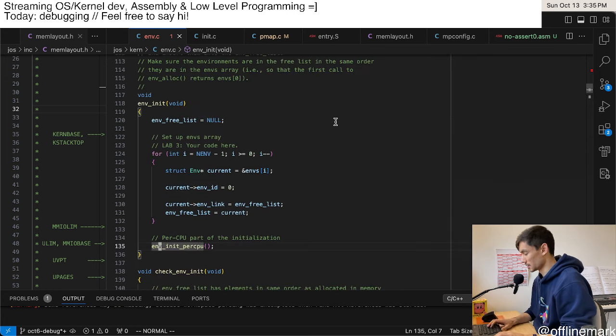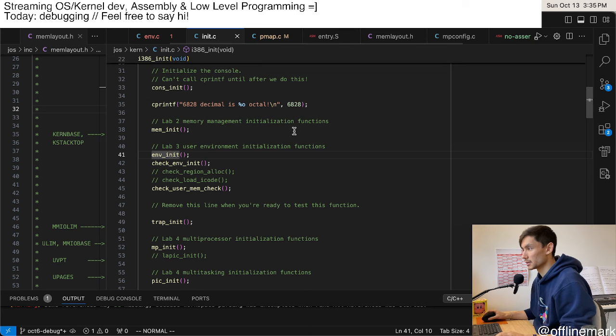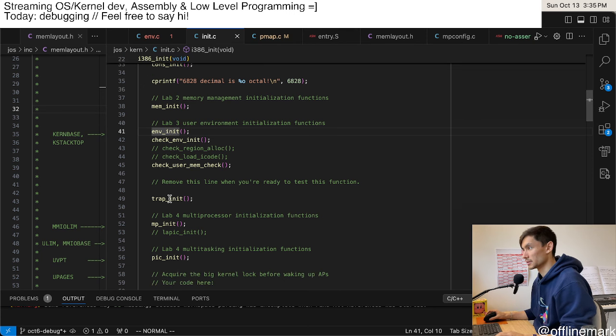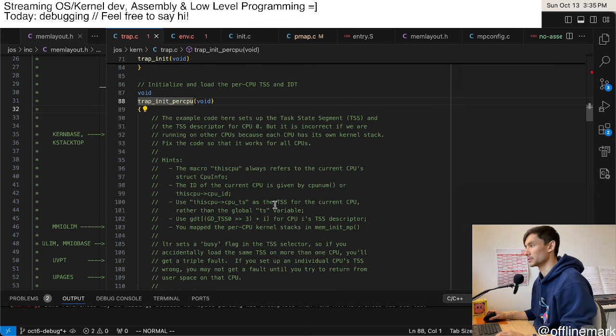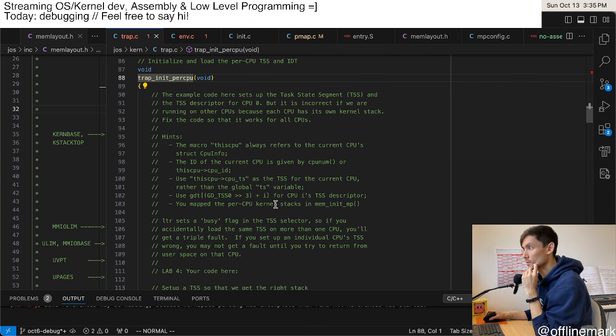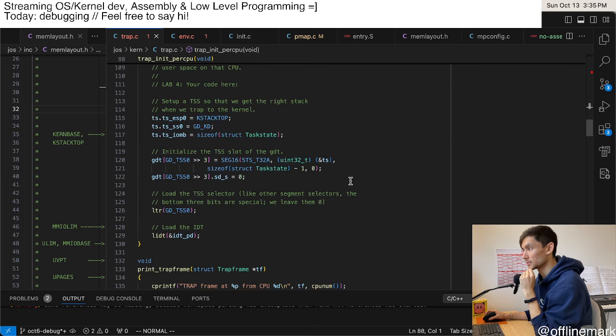This is also not. Env init. Check env init. Okay, yeah, then trap init. This is also not super relevant. This might be. This is setting up per CPU exception handling stuff.